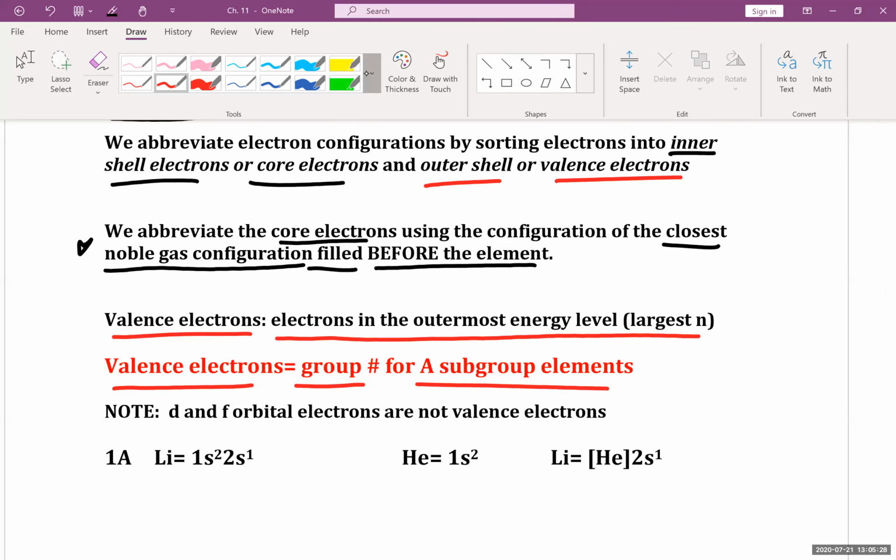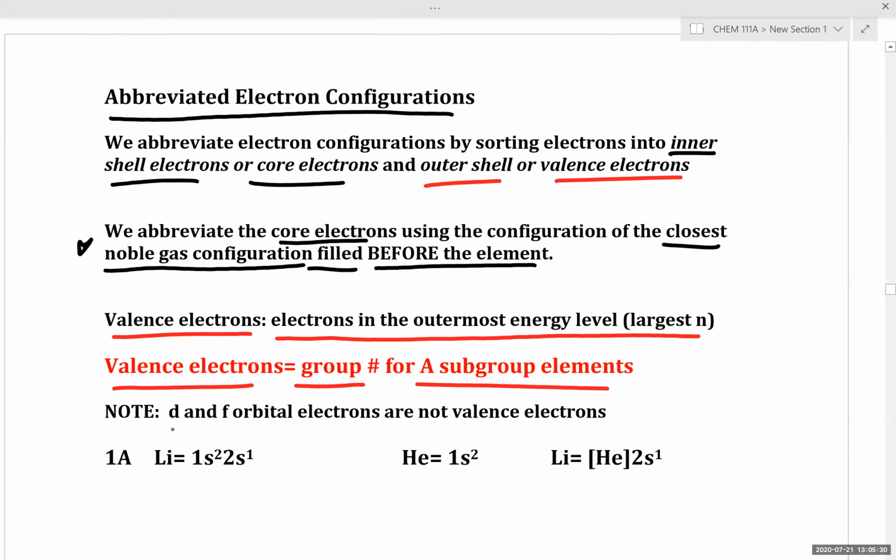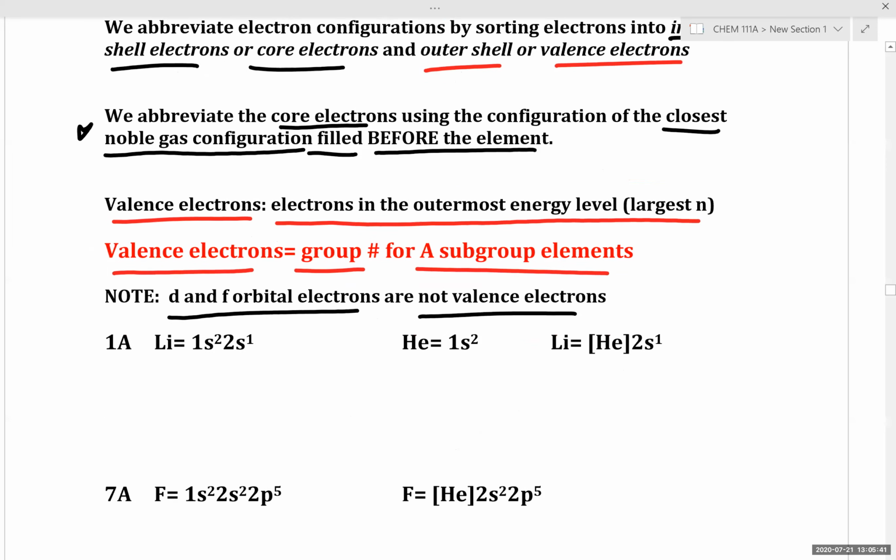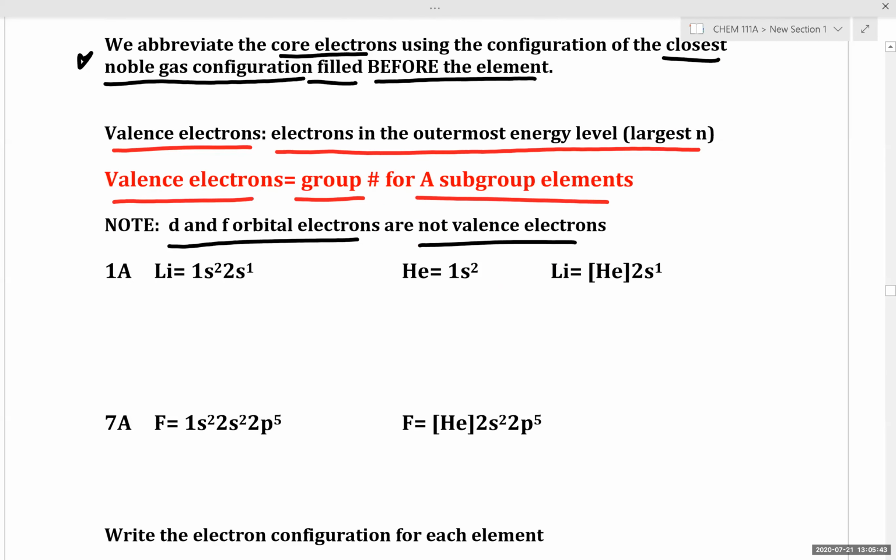Note one thing that's really important to keep in mind: d and f orbital electrons are not valence electrons. They're inner shell electrons.